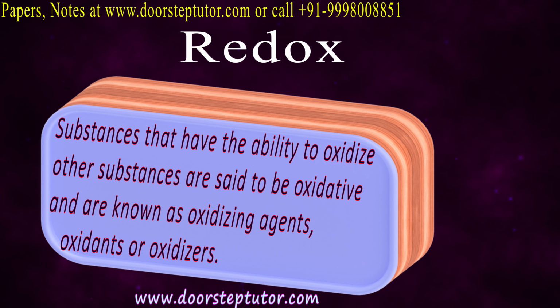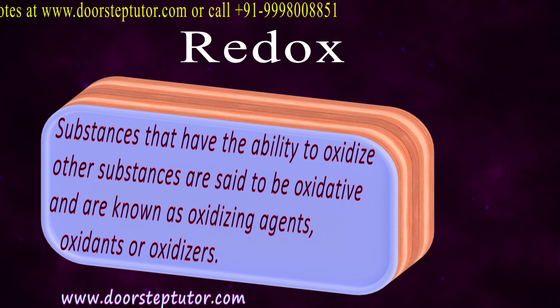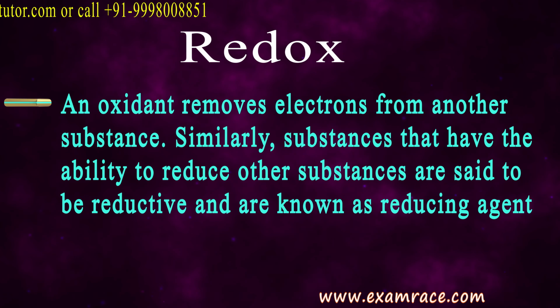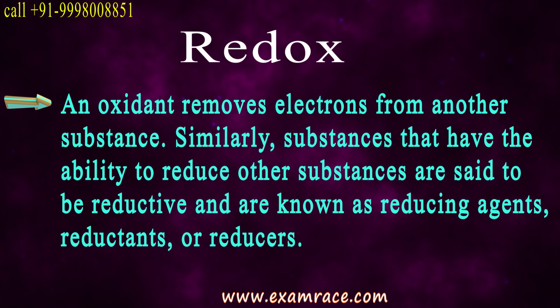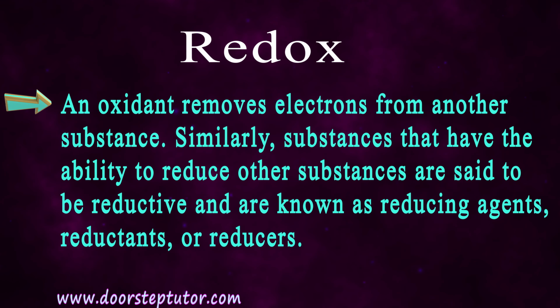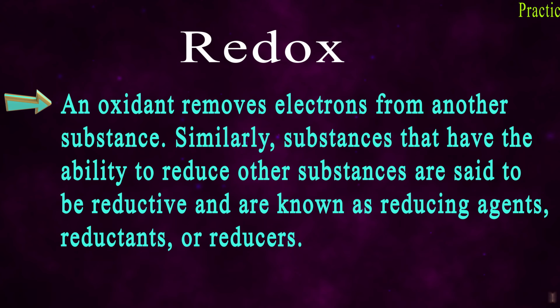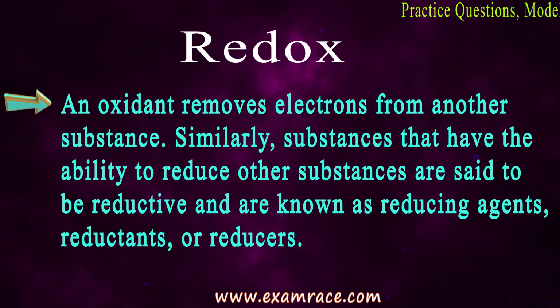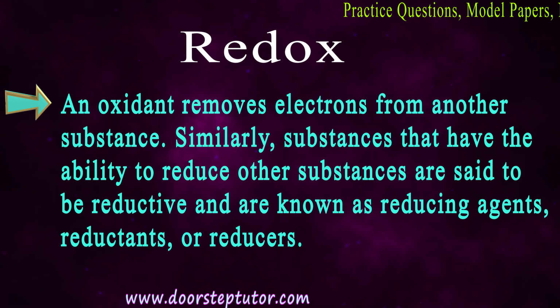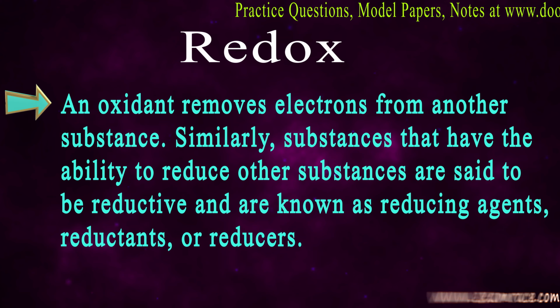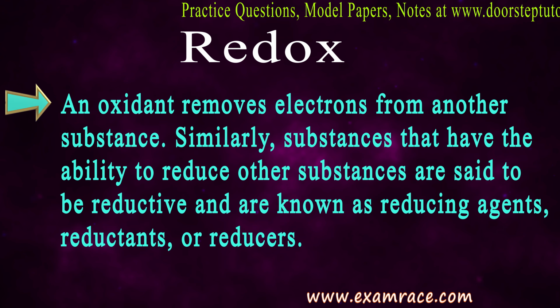Its other names are oxidizing agent, oxidants, and oxidizer. An oxidant removes electrons from another substance, and the substance which has the ability to reduce another substance is said to be reductive. It is also known as a reducing agent, reductant, and reducer.